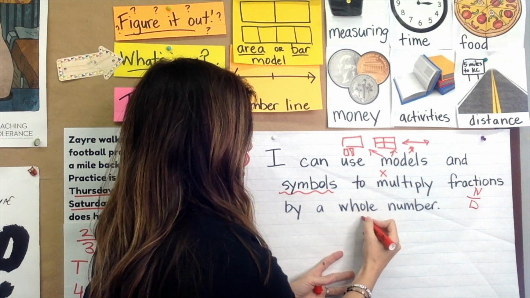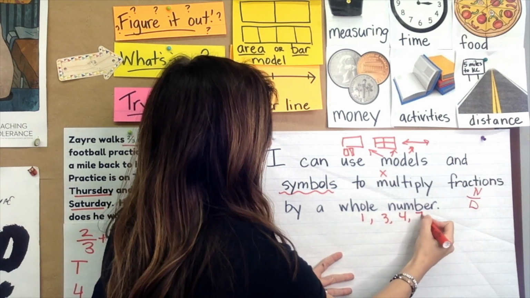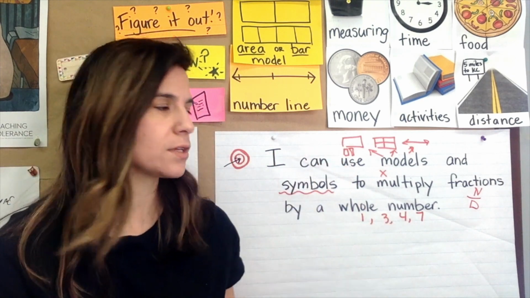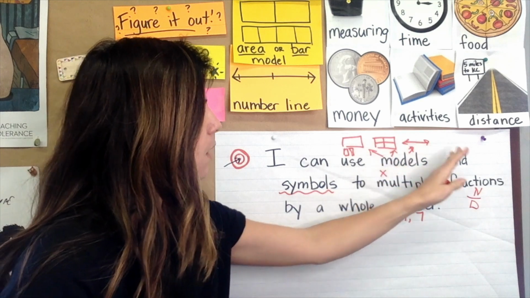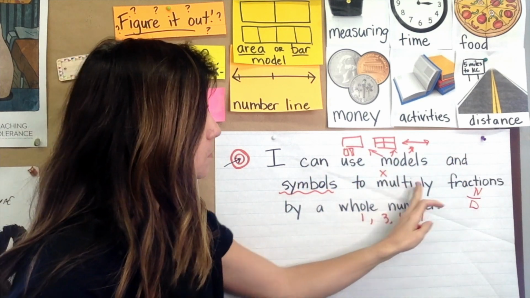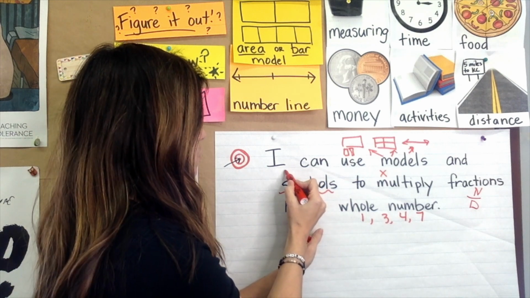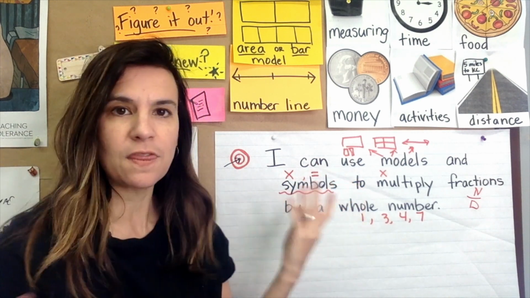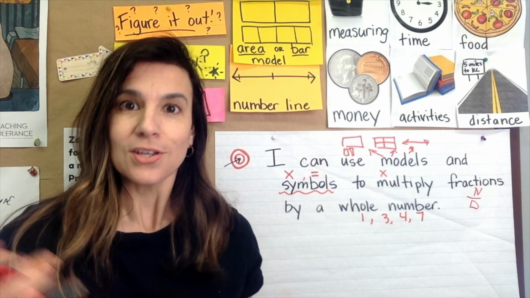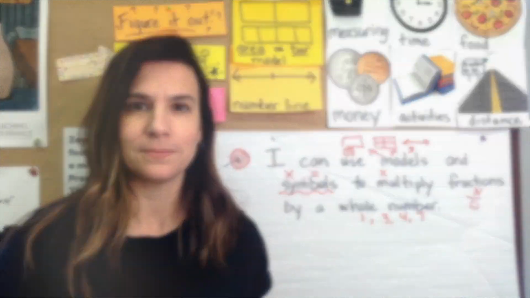It's like 1, 3, 4, 7. All of those are whole numbers. They're not fractional parts. Okay, so we're going to use models and symbols to multiply fractions by a whole number. Well, I think some symbols we could use are multiplication symbol, an equal sign, things like that. Those are symbols. So let's get started on solving some of our what's new problems.